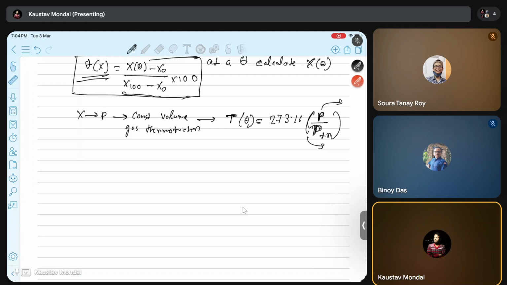So by measuring this, you can calculate the temperature for that particular pressure.